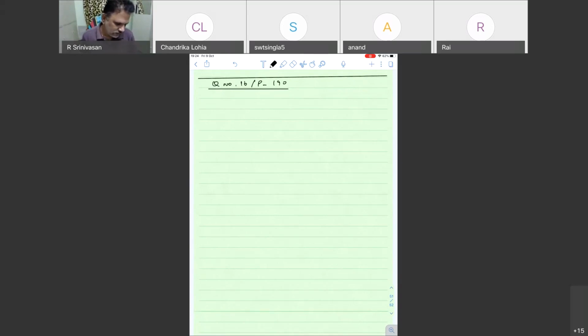So first we have to find out the fair value. Let us find out the fair value without considering the investments.